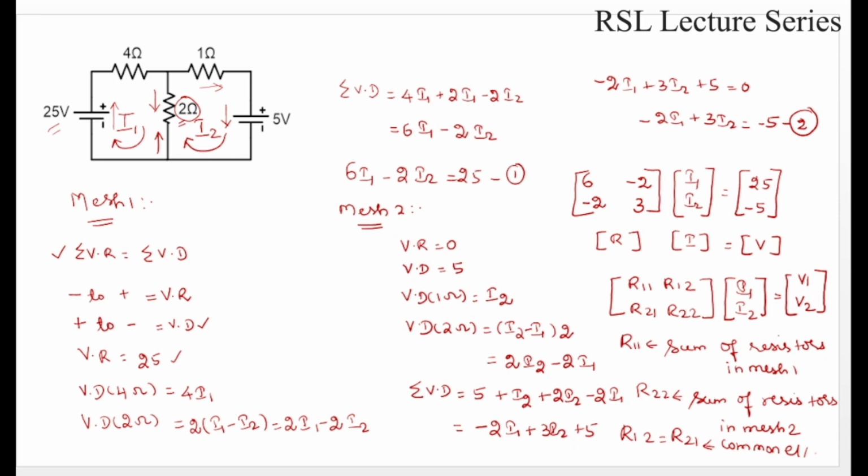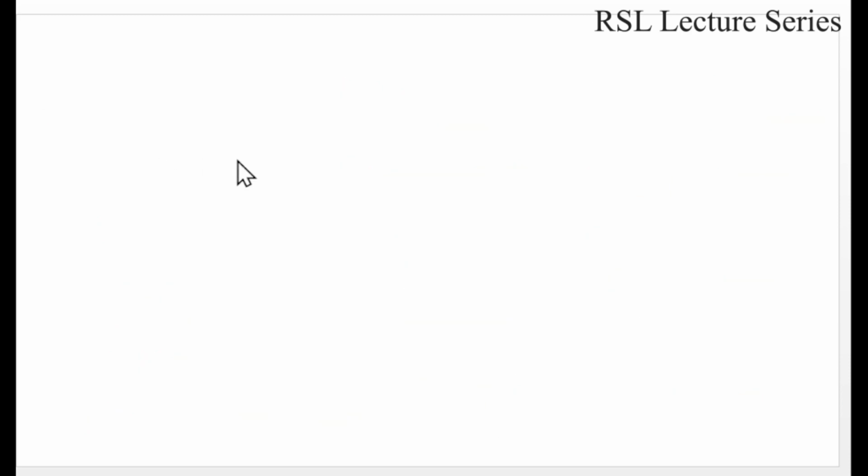Next we'll solve the matrix using Cramer's rule, for solving the unknown values of current.